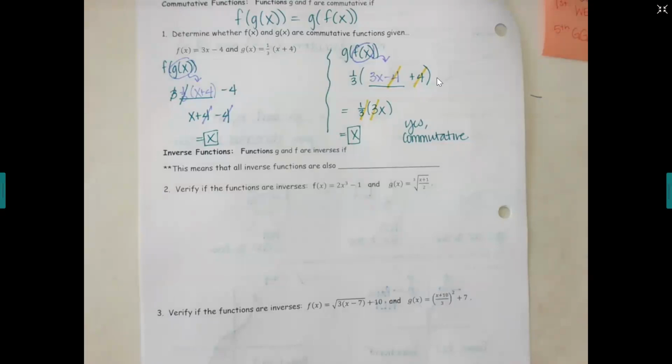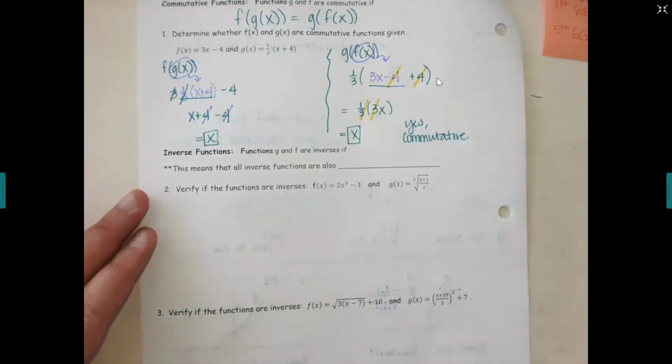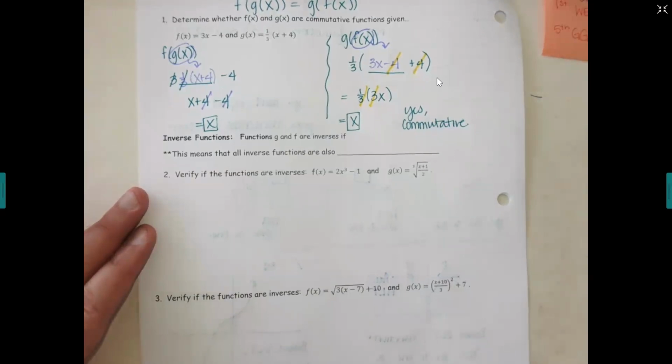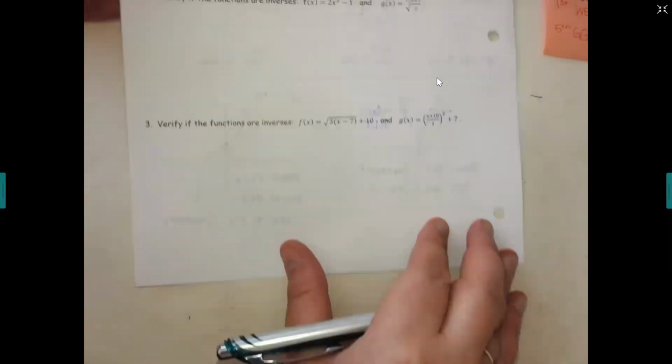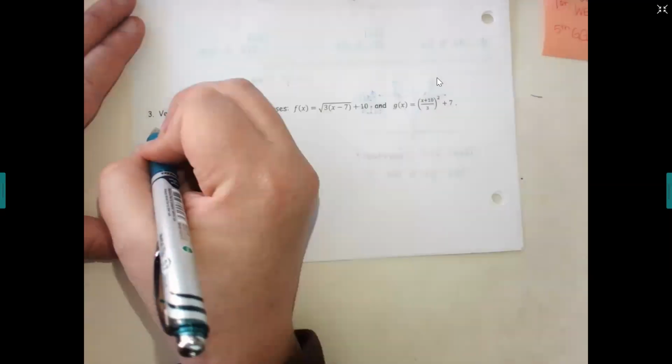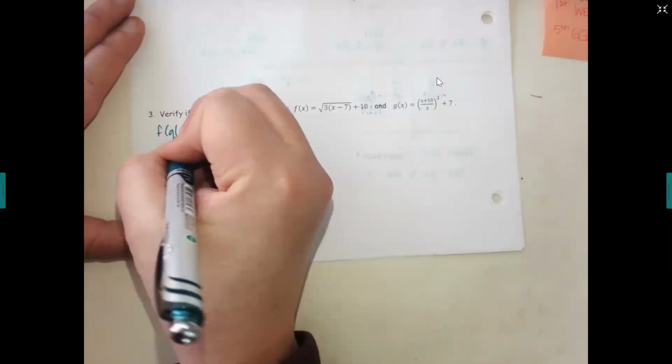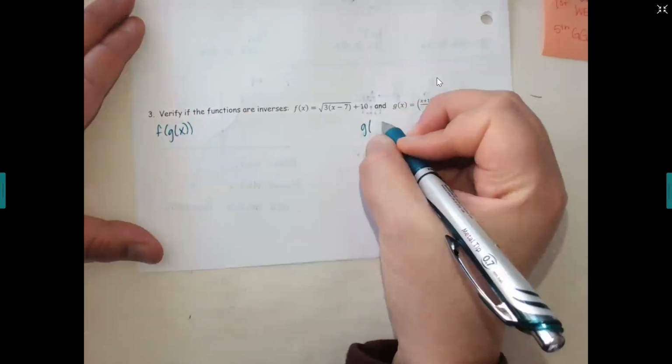If they come out to be different, the answer is no. So let's just do maybe one of these. Let's do number 3. Okay, if these are inverses, when I plug them into each other, everything basically should cross out. You should just get an x left over. So we're gonna skip 2 and go on to 3. So I'm gonna do f of g first. Then I'm gonna do g of f second.